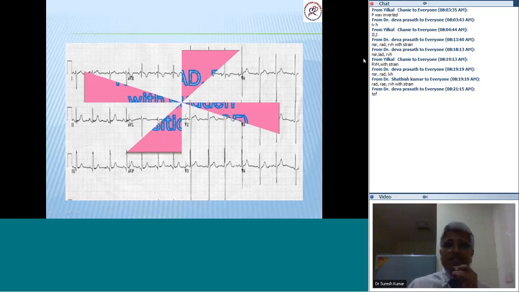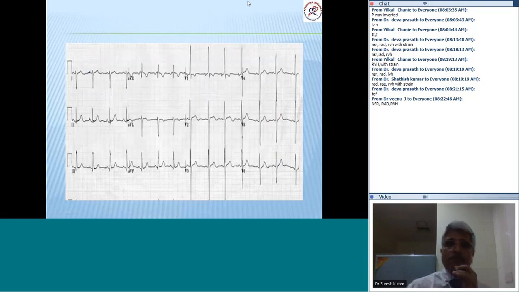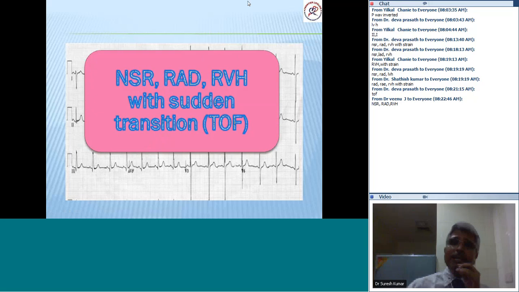In the previous one, it was such an impressive transition that you straight away came with the diagnosis of TOF. In this, that V1 to V2, what should impress you is that it is a monophasic R in V1, while in V2 it has suddenly become a small R, not very small, but the S is the more prominent one, and the axis is right. So this would again be pathology. I showed these two variations because this is something that you're going to see very commonly. Any questions?